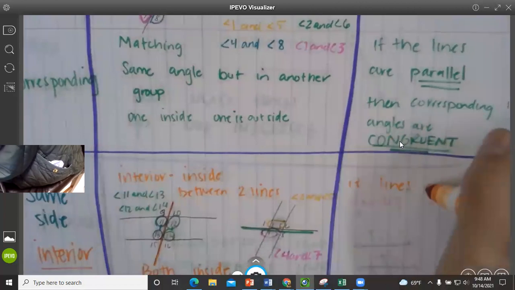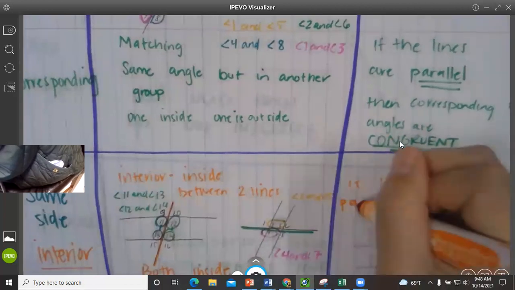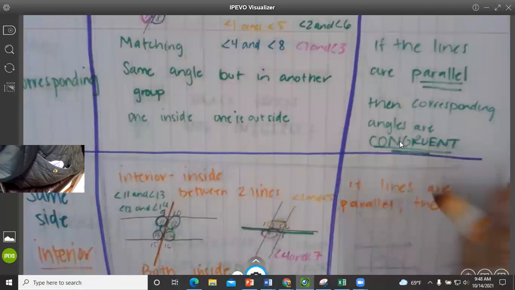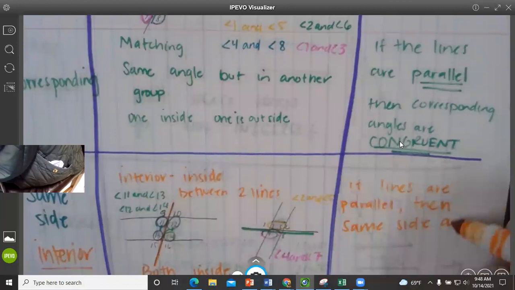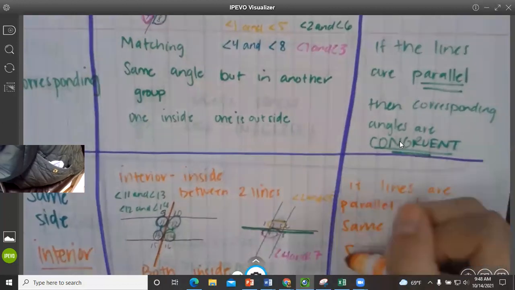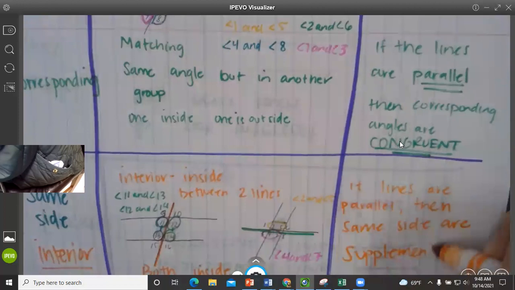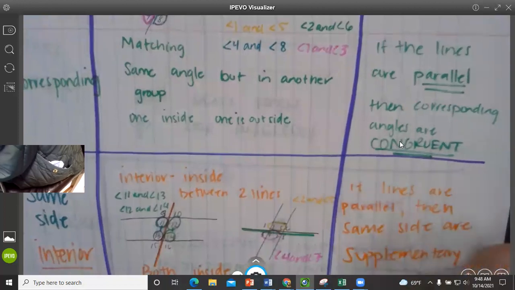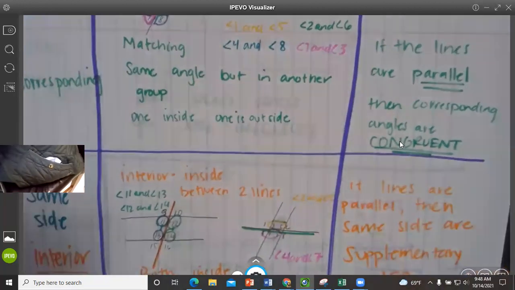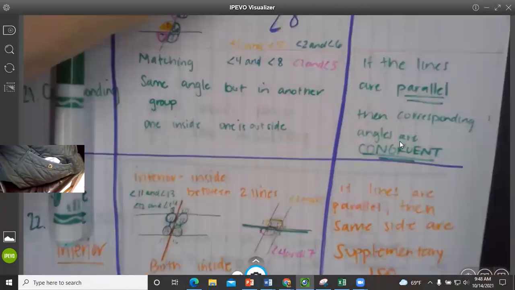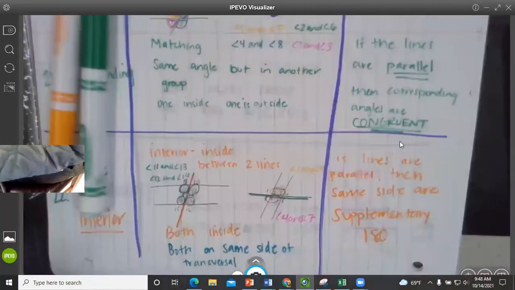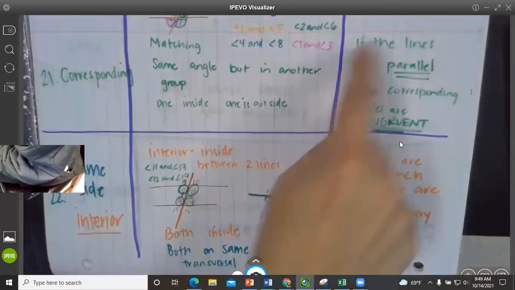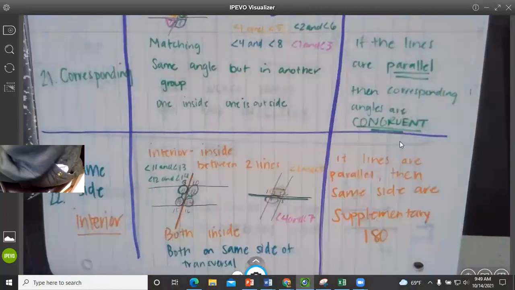If the lines are parallel, then same side interior are supplementary, 180. So if you are done with 28, you're going to literally copy this for the next 2 ones because they're all congruent except for same side interior.